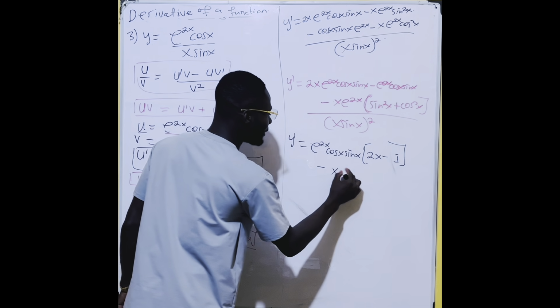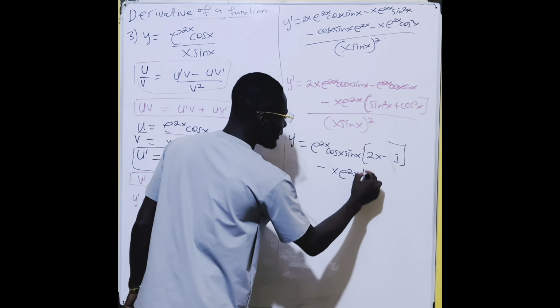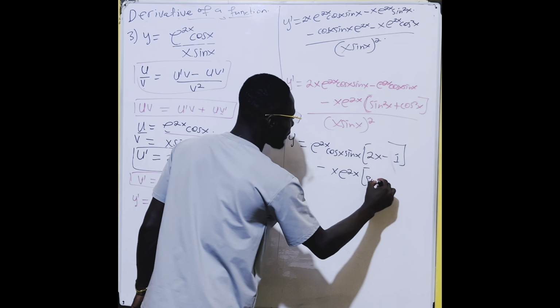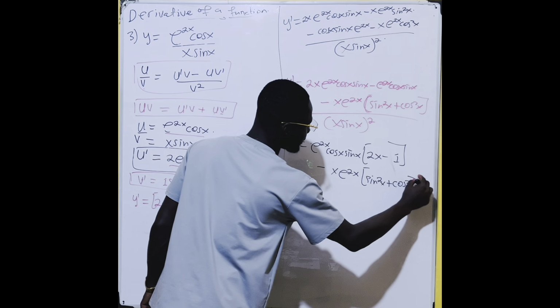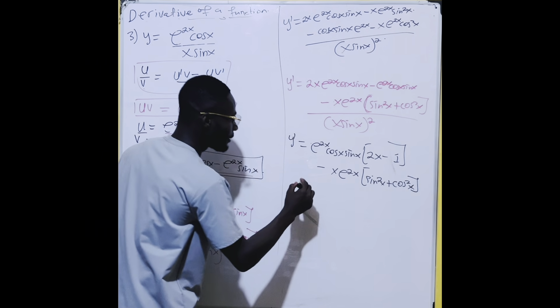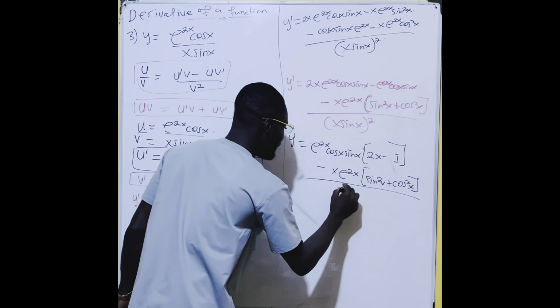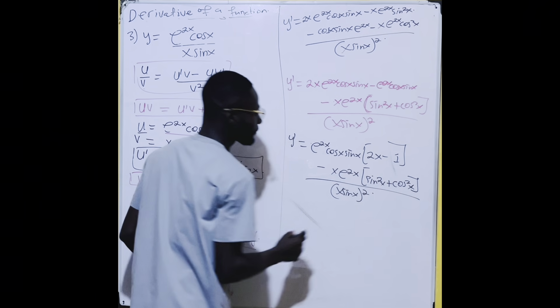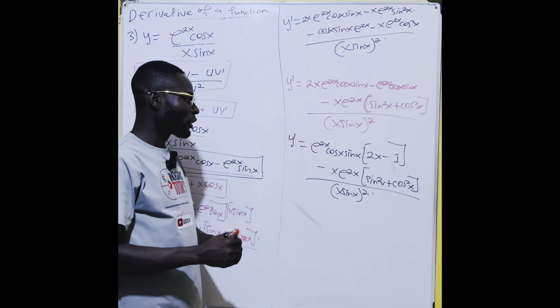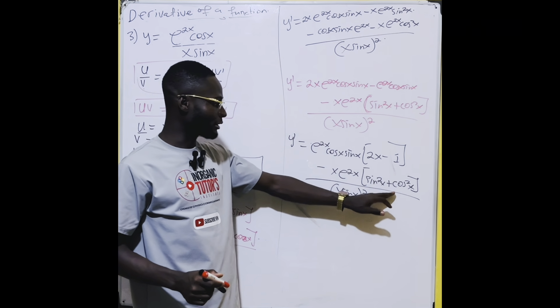Minus x e to the 2x into sine squared x plus cos squared x, right? Divided by x sine x all squared. Okay, so this is what we have at this point.